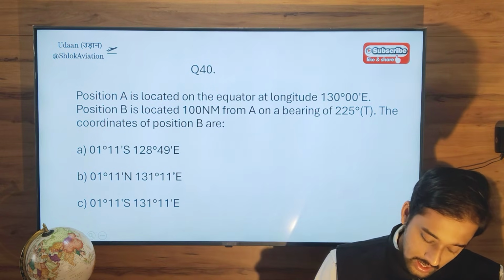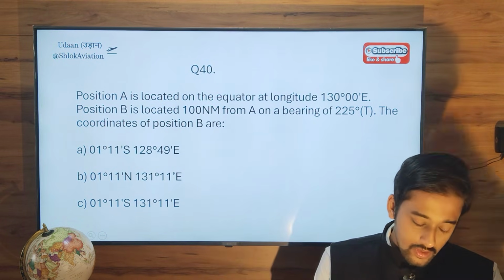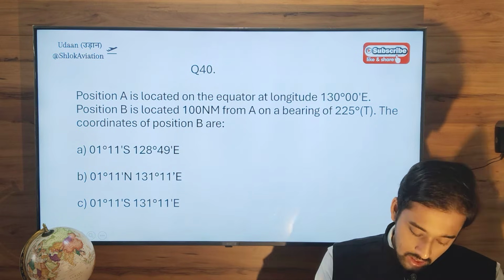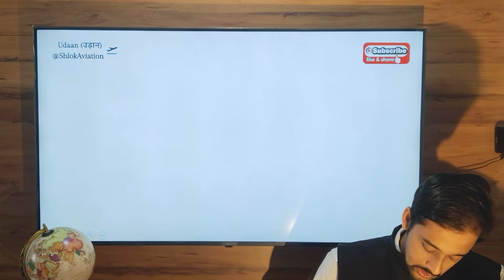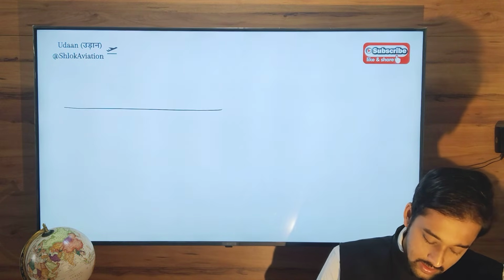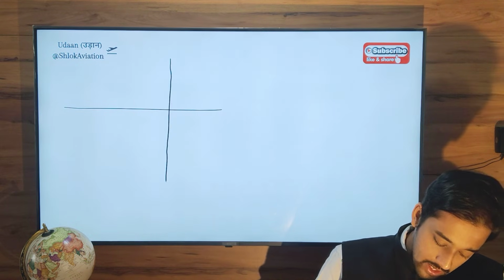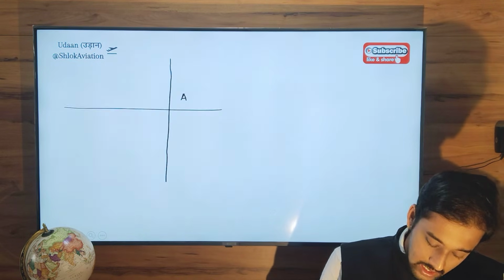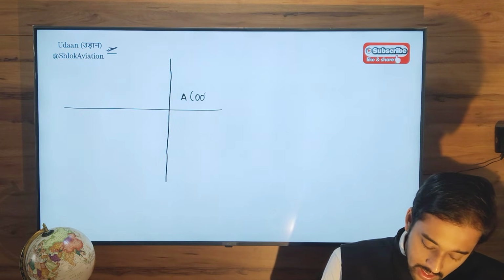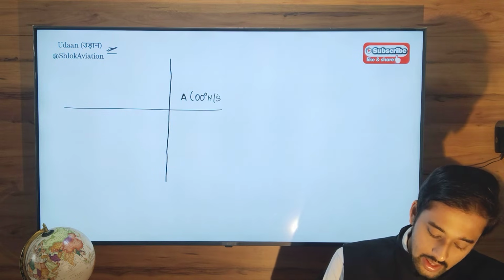So let's say position A is at the equator, right? This is your equator and this is where A is situated. A is at 130 degree east, 0 degree north or south.